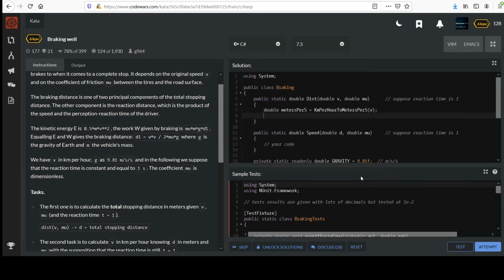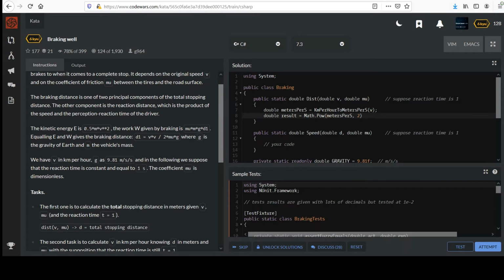And so for our result now, we can implement that method they gave us. You could take meters per second times meters per second. I'll use the math power function that we've seen before, take meters per second and raise it to the second power. That's the same as multiplying it by itself, right?